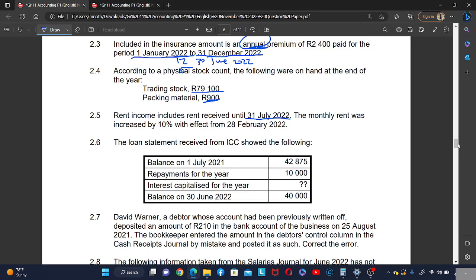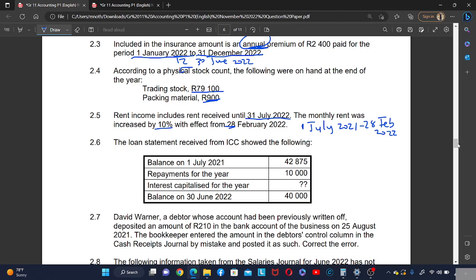So this means that at the beginning of the year, the year starts on 1 July 2021. From the beginning of the year till 28 February 2022, because the rent was increased by 10% at the end of February, meaning that the rent for February does not have the 10%.